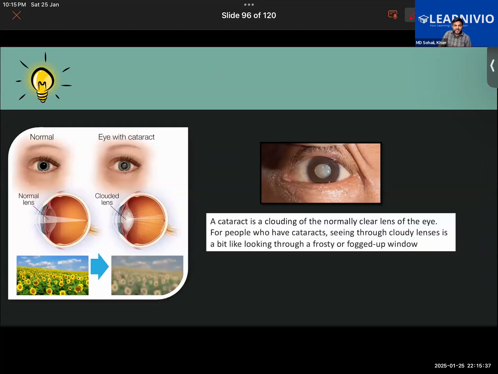Then we have learned about cataract also. What is the reason behind cataract? Basically, there are protein structures present in the eye.